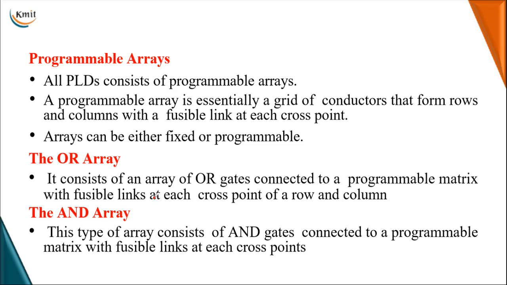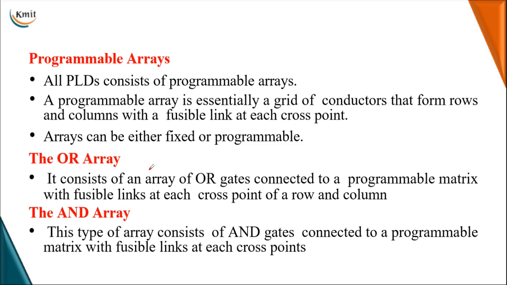So here PLD is a programmable array of AND as well as OR gates. The OR array consists of OR gates which are connected using a programmable matrix with fusible links. We represent that programmable connection with a cross point on the intersection of rows and columns.